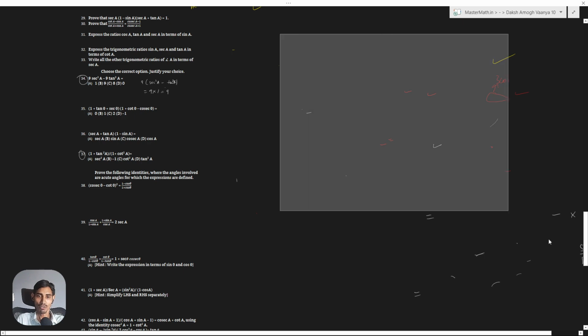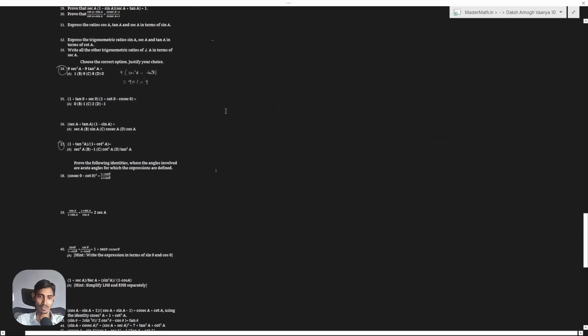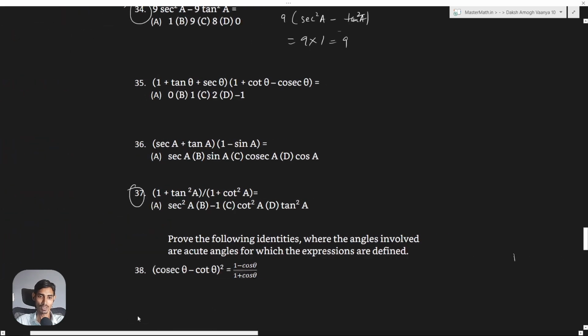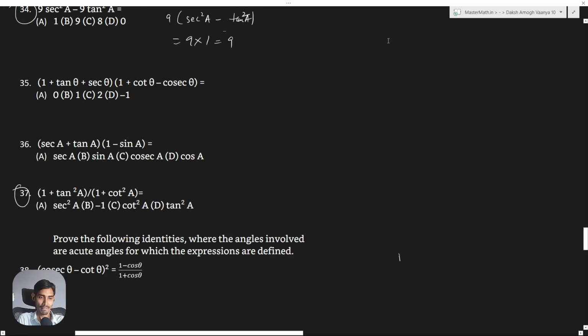Now, in addition to this, we have to use algebraic identities and simplification using LCM, taking common, that kind of thing. So let me brief you about how we proceed for these questions.